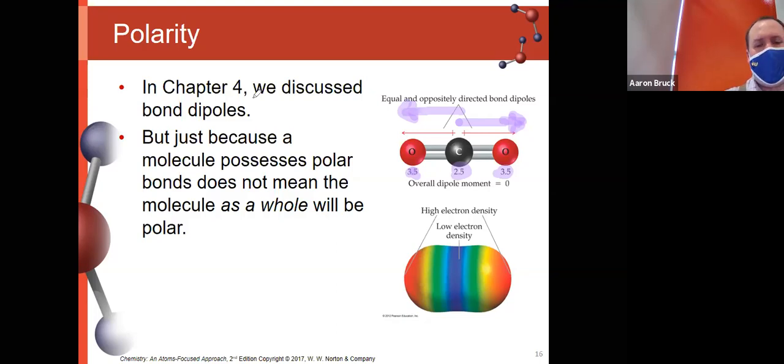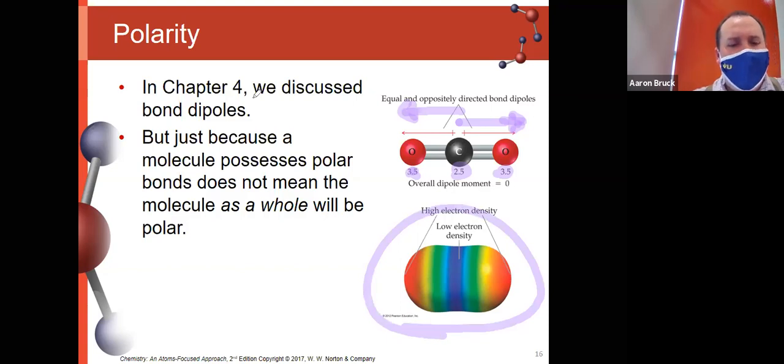But if I look at the molecule as a whole, I can see that there is no polarity in this molecule. There is no place where I can point to in this molecule and say, okay, this is the positive side and this is the negative side. I can't do that.